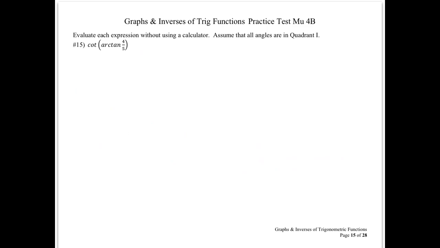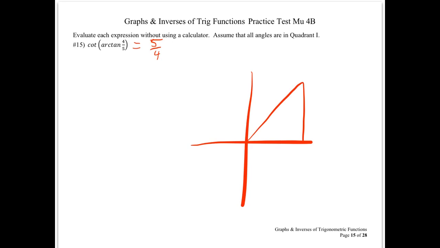Cotangent of arctangent of 4/5. Cotangent and tangent are reciprocals. Therefore, with no work, this answer is 5/4. If you'd like to see some work, we're in quadrant 1, arctangent of 4/5. Tangent is y over x. So let's say this is theta.